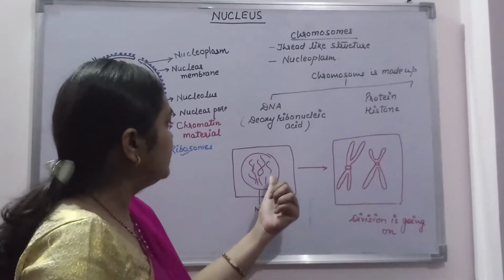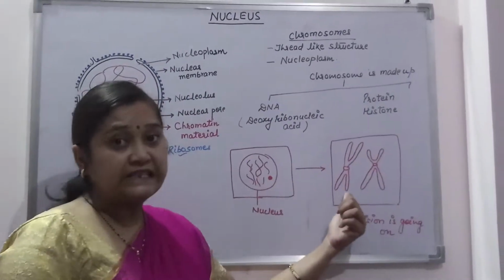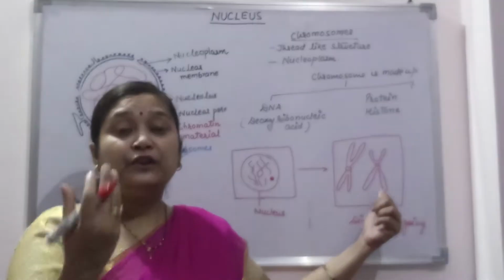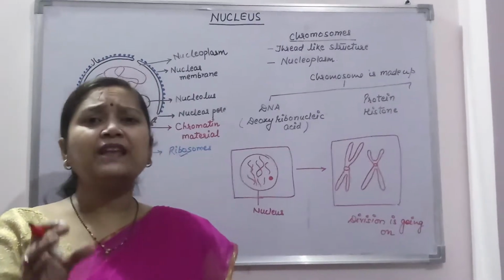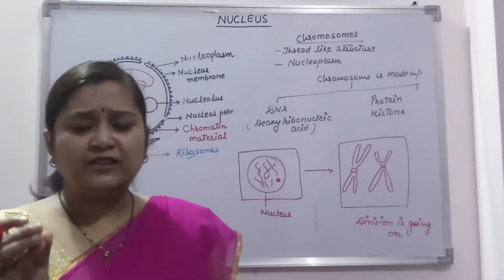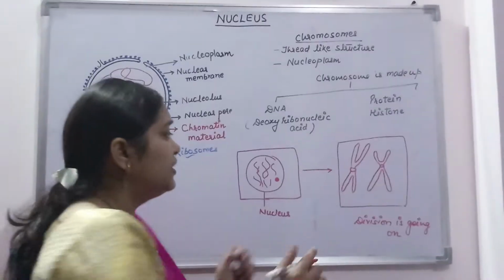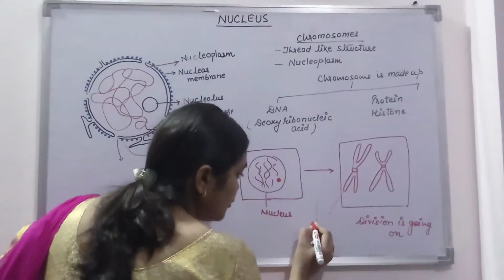Okay student, this chromatin material condenses to form a new thread-like structure that is more or less of thicker size, known as chromosome.